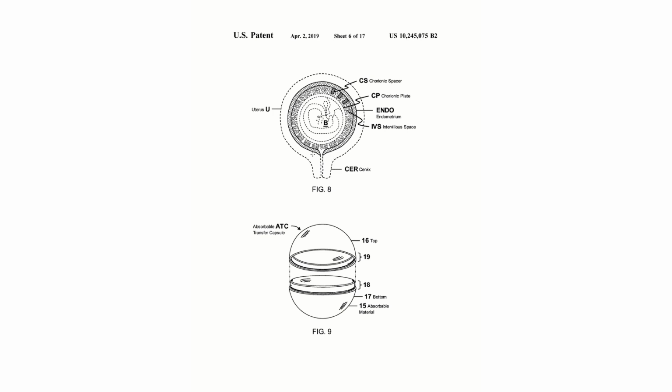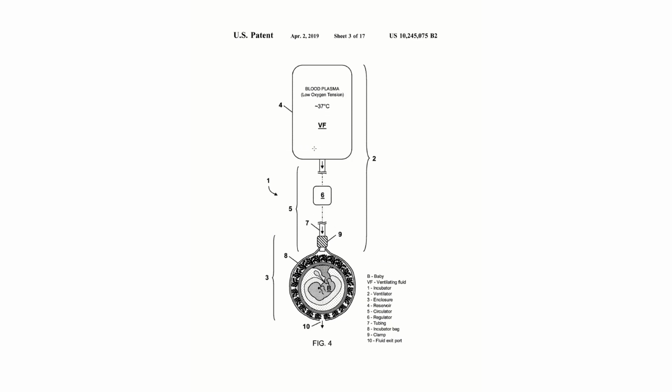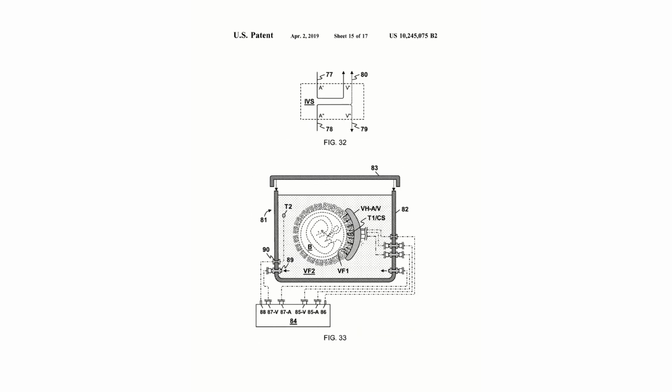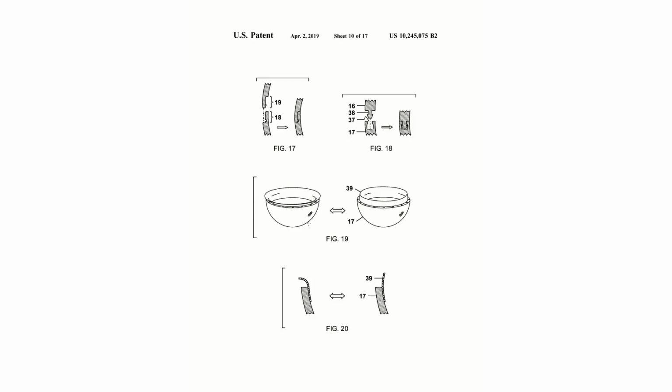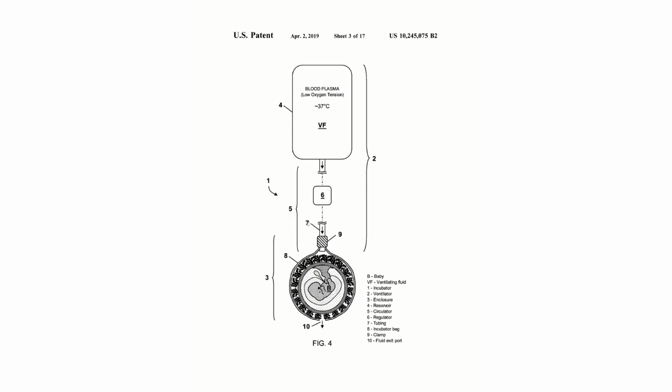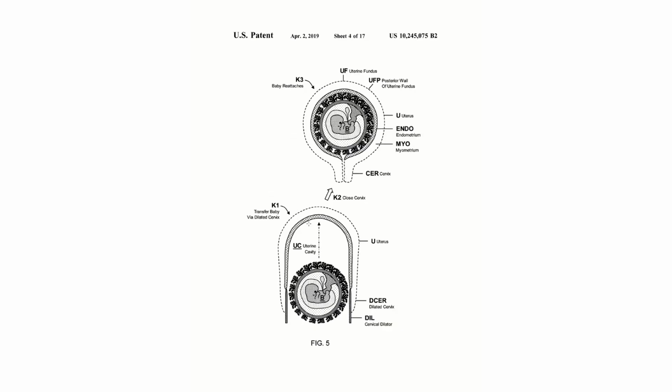After you put the baby in the incubator, whether it's a crude incubator or a more advanced incubator, then you're going to want to transfer the baby to the maternal uterus.